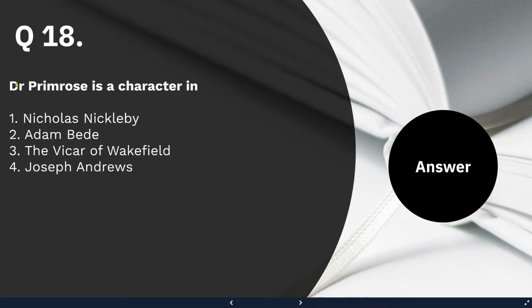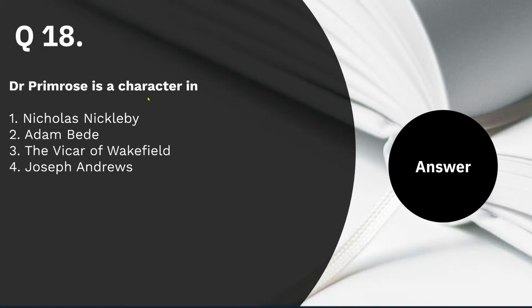So again, we have another question related to a character. Dr. Primrose is a character in which work? We know Nicholas Nickleby's protagonist is Nicholas Nickleby, Adam Bede is Adam Bede, and Joseph Andrews was the protagonist of that.